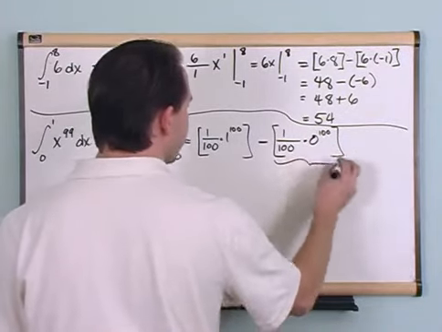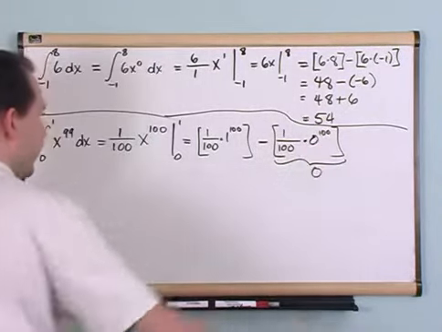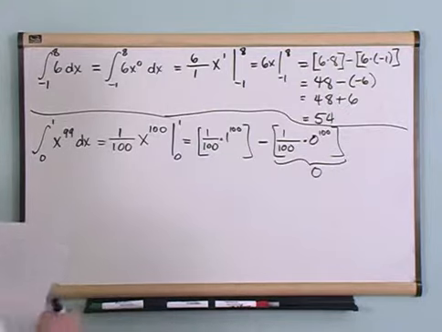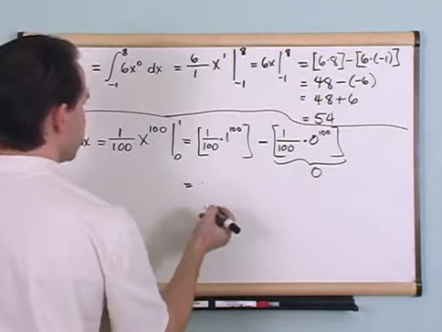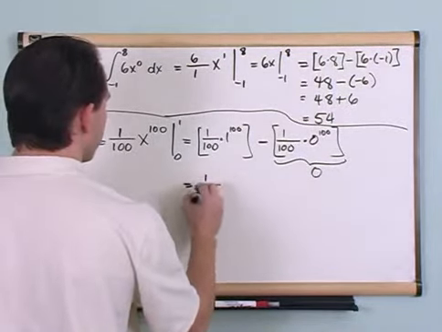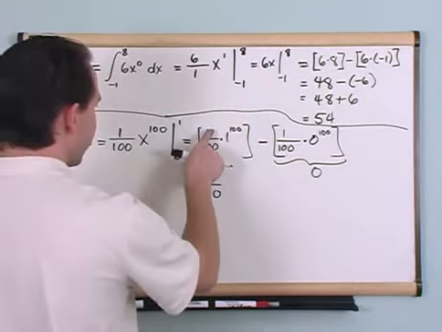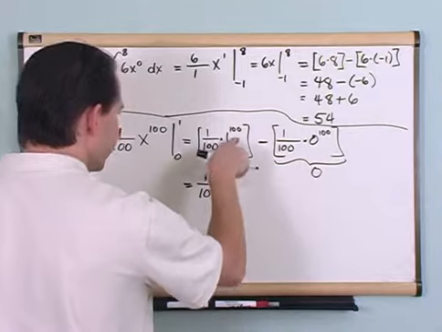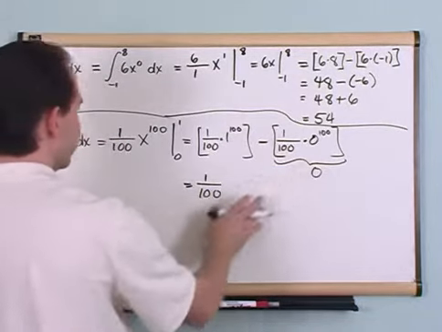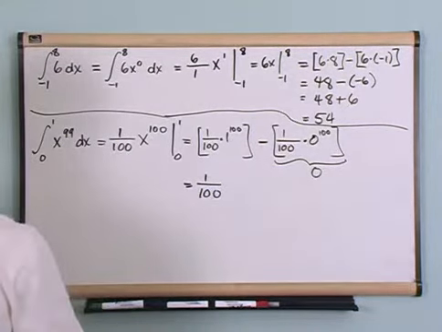So you know this whole thing just goes to 0 because 0 to the anything power is just 0. And so in the end, what you're going to get is 1 over 100, which is the answer, because you have 1 over 100 times 1. 1 to the 100th power is just 1. This goes to 0, so that's your answer.